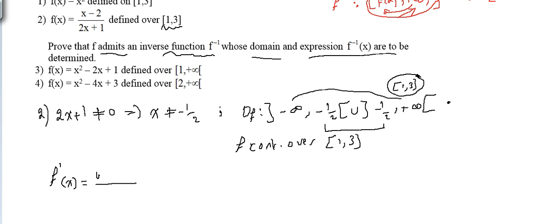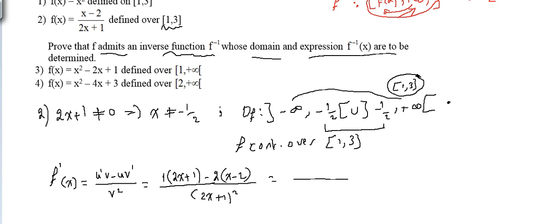It's u prime v minus u v prime over v squared. Here u is x minus 2, and its derivative u prime is 1, multiplied with v, which is 2x plus 1, minus the derivative of v, which is 2, multiplied with the numerator x minus 2, all over the denominator squared.